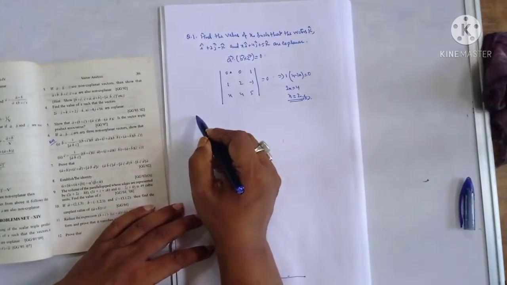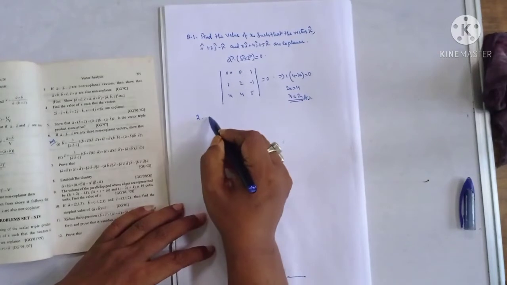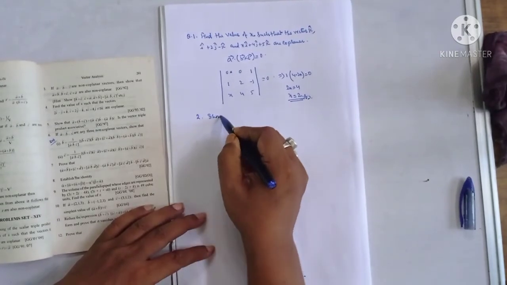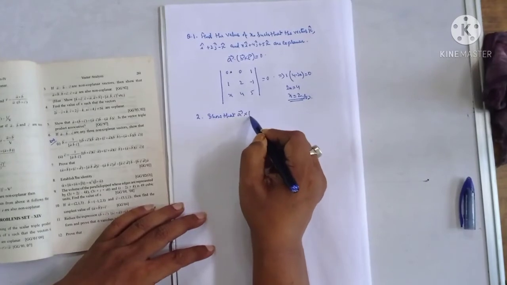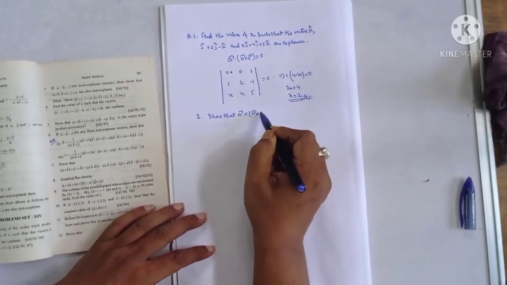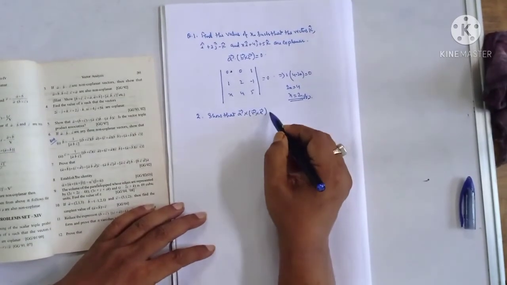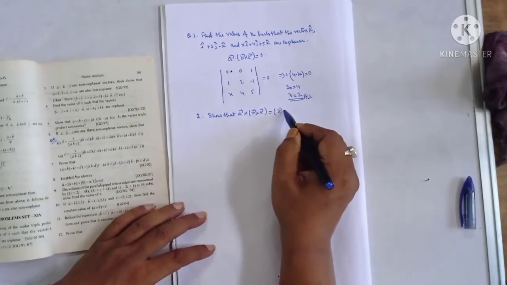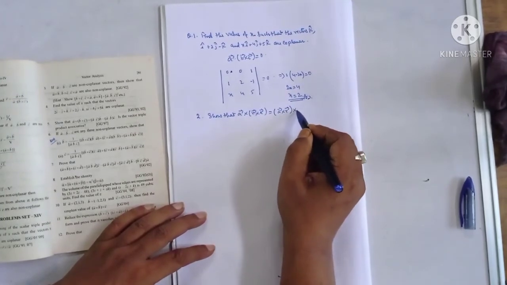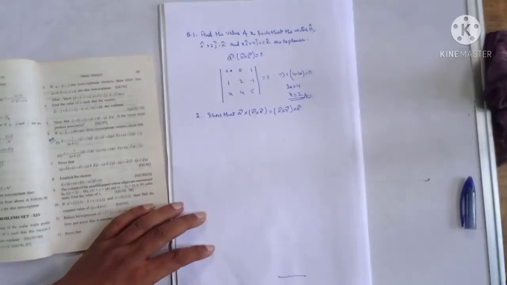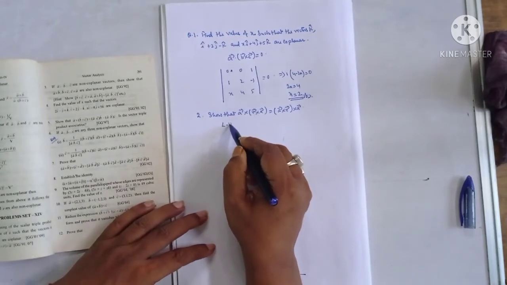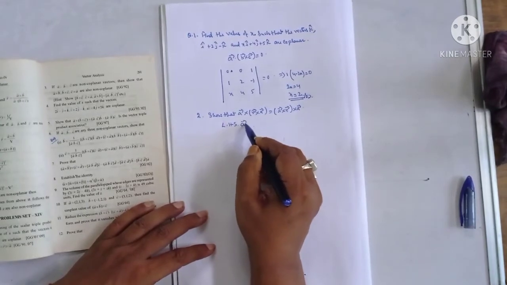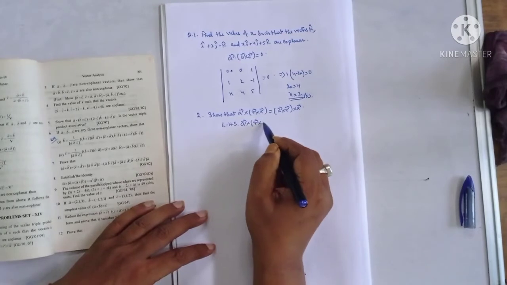Now question number 2. So that a vector cross r vector cross a vector is equal to a vector cross r vector cross a vector. So here you see one thing, left hand side, your a vector cross r vector cross a vector.